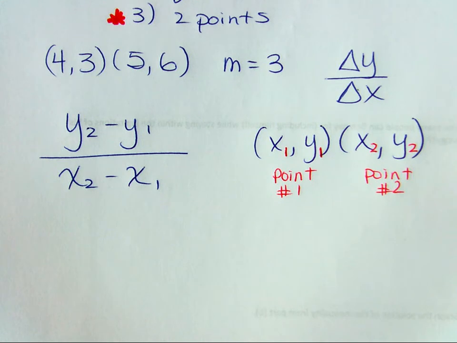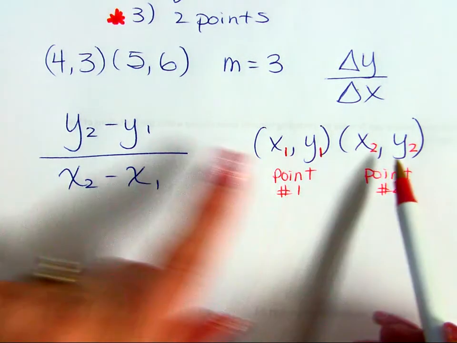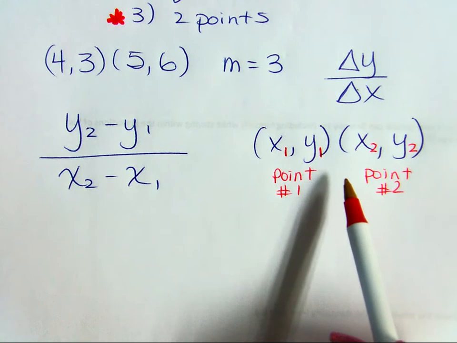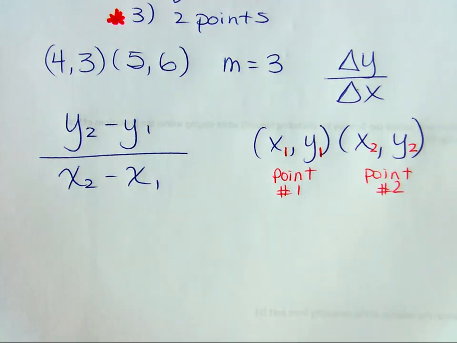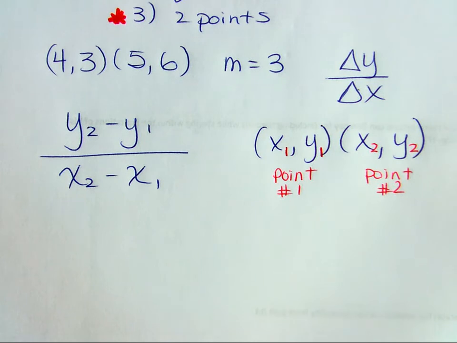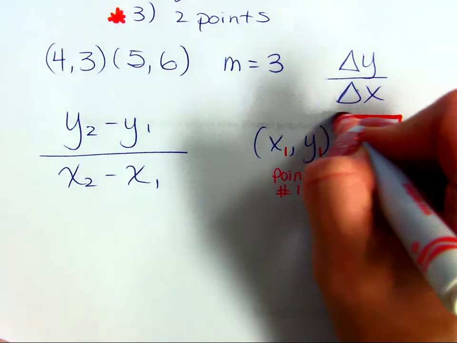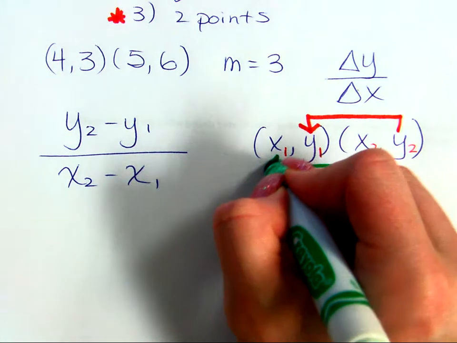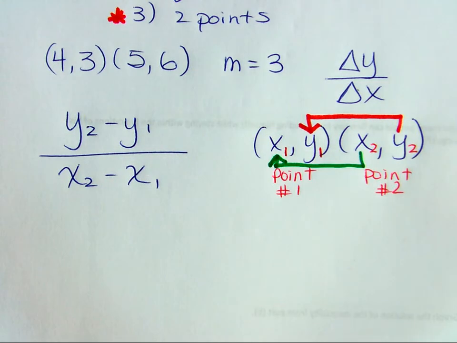So I have my numbers. I know where they go. I just need to get them there now in the right spot, because this is all about the right order. So what you'll see me do is this. You're taking this number and subtracting this number. And then you're taking this number and subtracting this number, right?